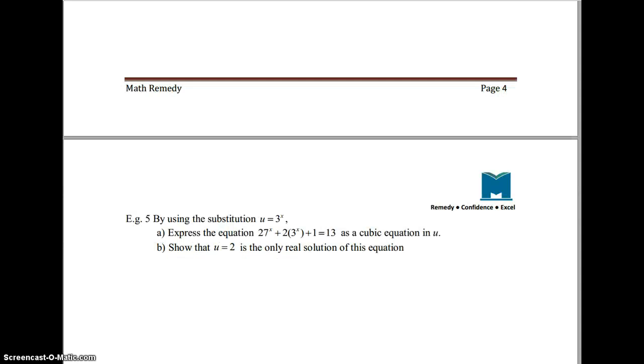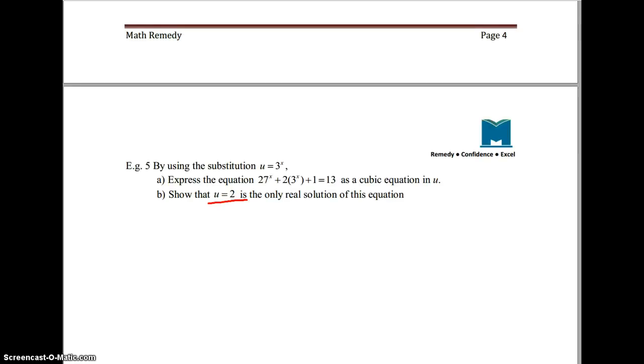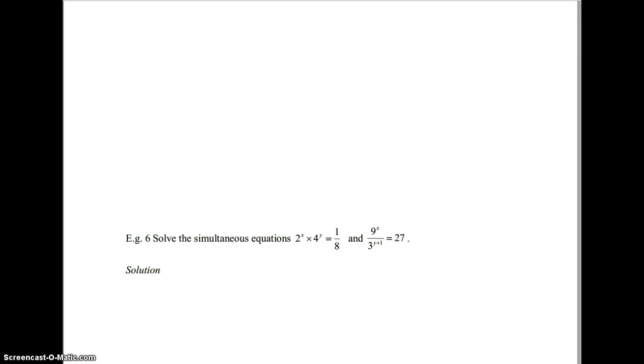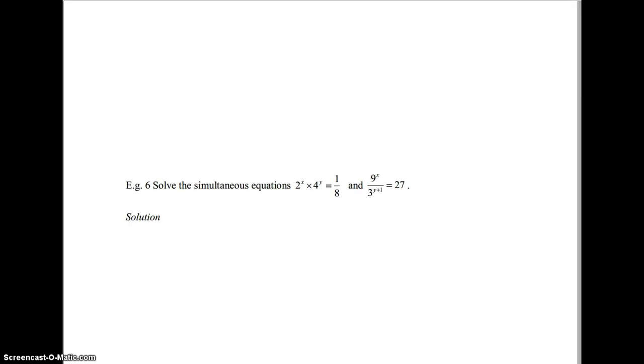Example 5 as well. But in example 5, when you are solving part B, you will have to use factor theorem. So I give you a tip here. You go home and try yourself out.